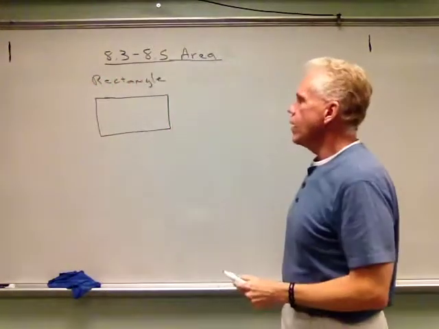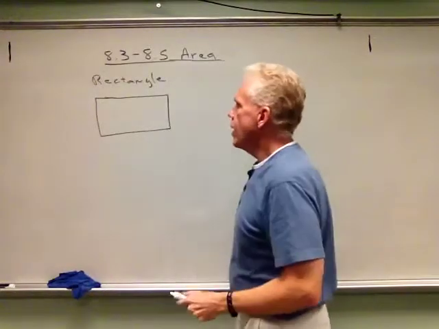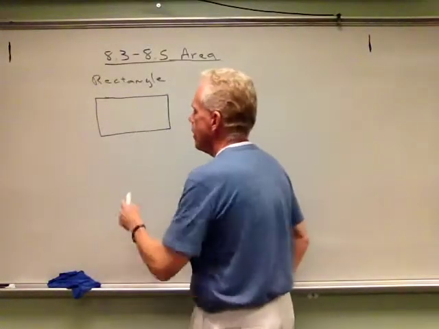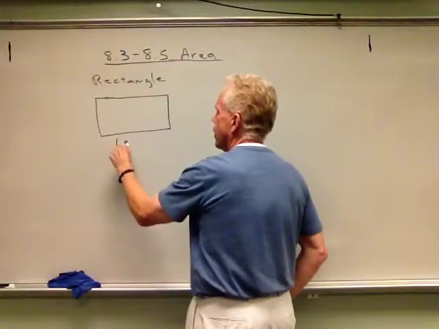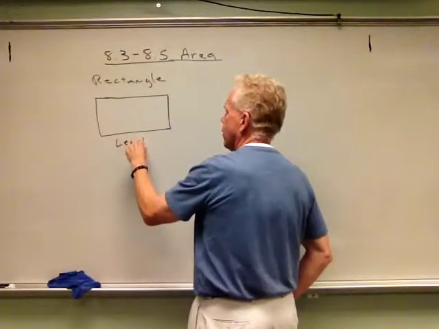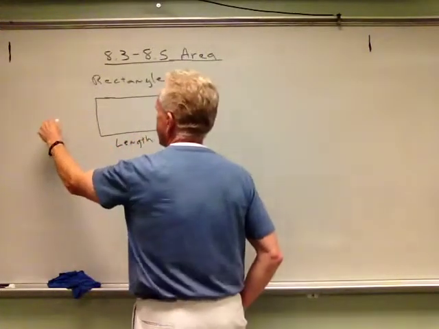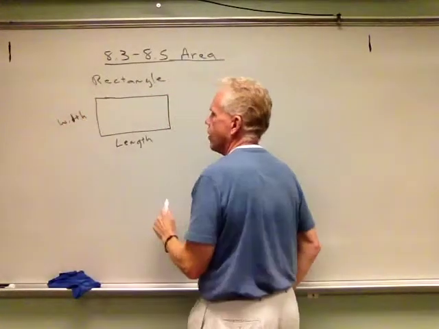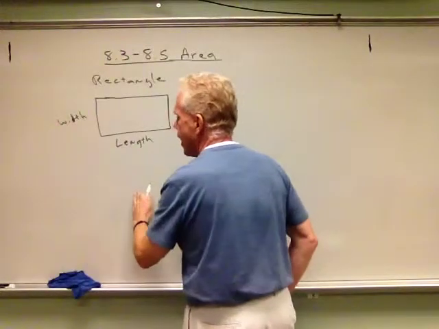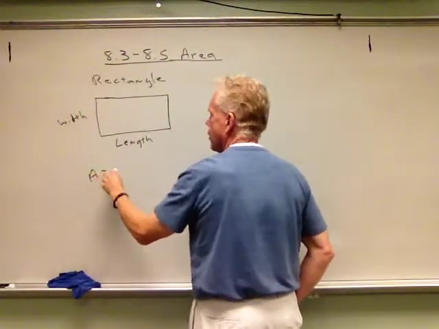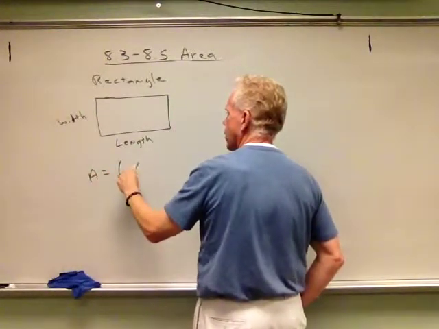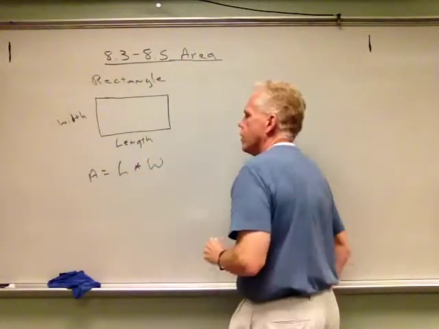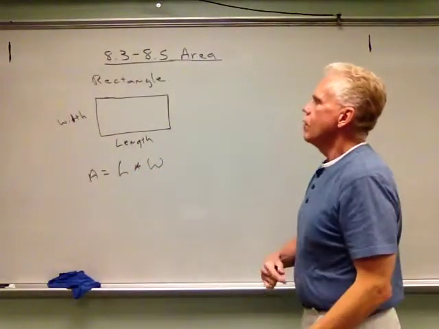For a rectangle, what we're going to be taking a look at is the length of the rectangle times the width of the rectangle. And so the area of a rectangle equals length, L, times width. Length times width. All right?